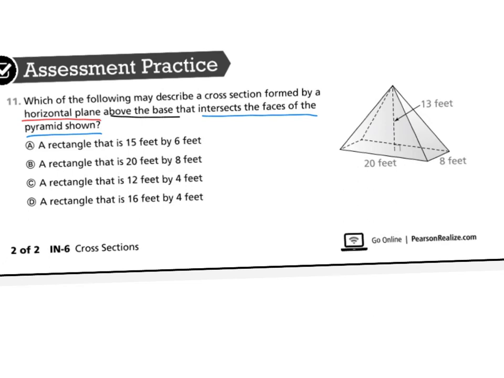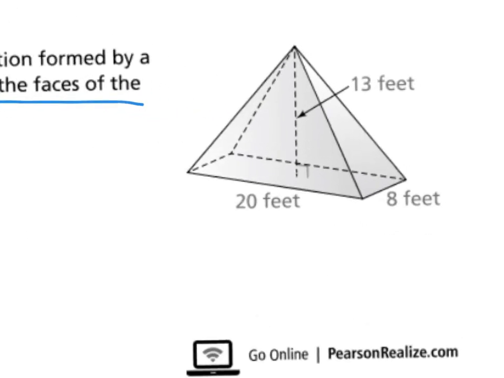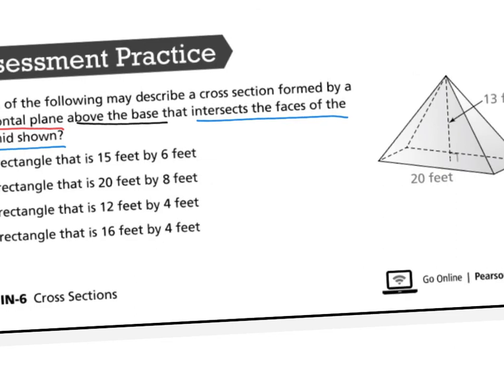If you think about this, our base is 20 feet by 8 feet. We're doing a horizontal slice. So slicing horizontally, if you can imagine that. This is maybe not as good a drawing as the book can show you, but slicing horizontally there, and thinking about the dimensions of that rectangle.